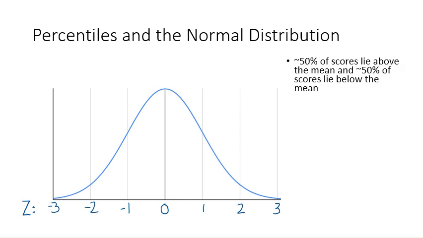So first of all, we know that in this distribution, half of the scores lie above the mean, 50%, and half of the scores lie below the mean.